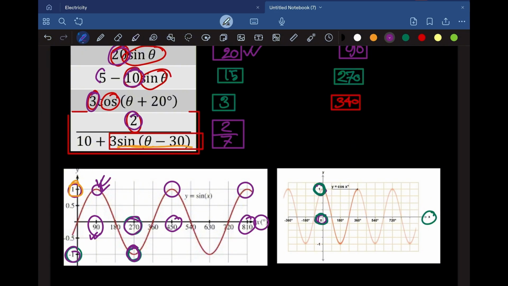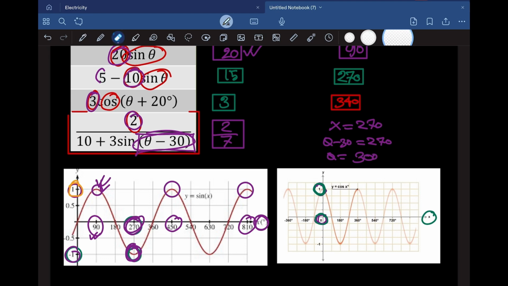So this is sin x, and this is the x value. We know when x is equal to 270, this maximum value occurs. So we can write x is equal to 270, and we know this x is the theta value. So now theta minus 30 is equal to 270, where theta is equal to 300, just like the way we have done the previous math. So here theta will be 300.